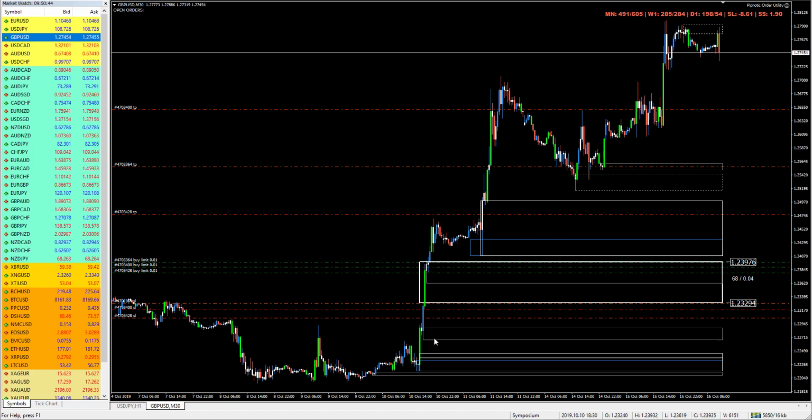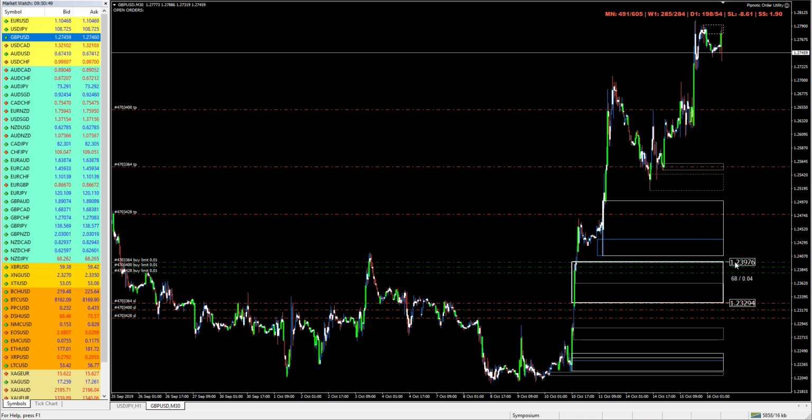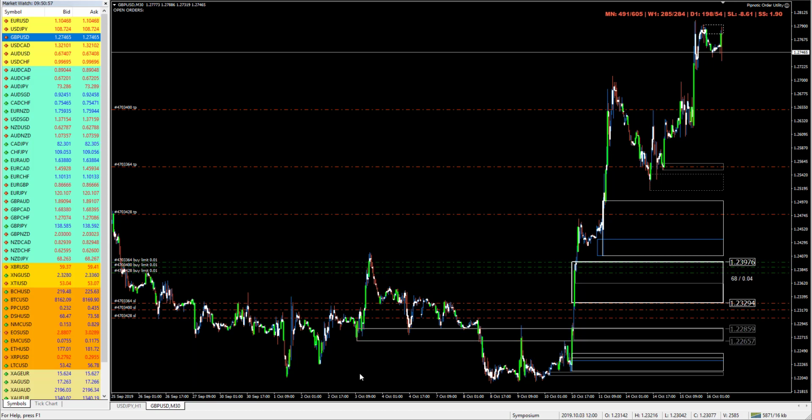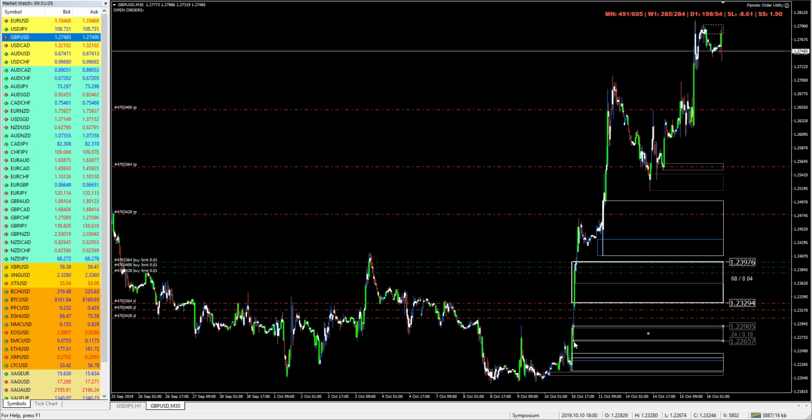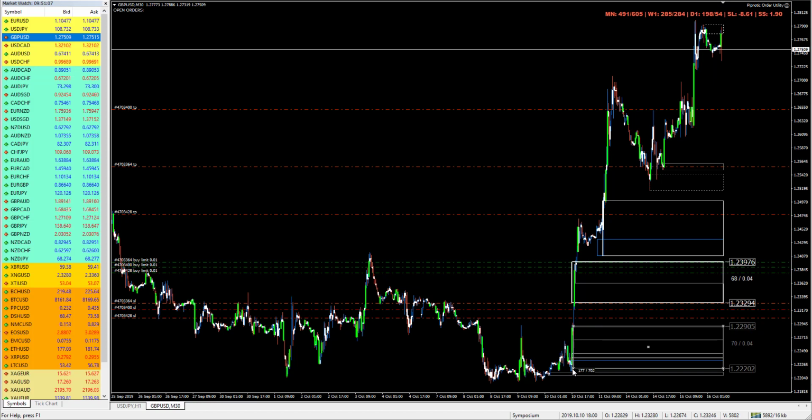And looking at these, I really like this one here. And this kind of came to my attention just now, where we had this that was respected for a while. It was tested once, and now it's gone, and the area that did it is this one here. So I like this one even more than I like that one, so I could mark off like that. Matter of fact, we can move the white one down.